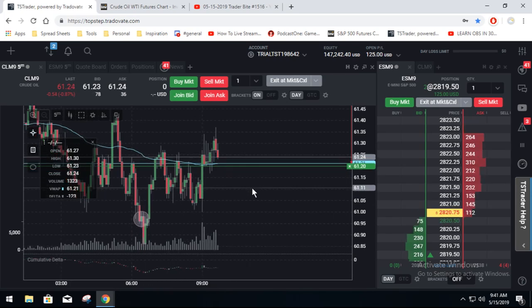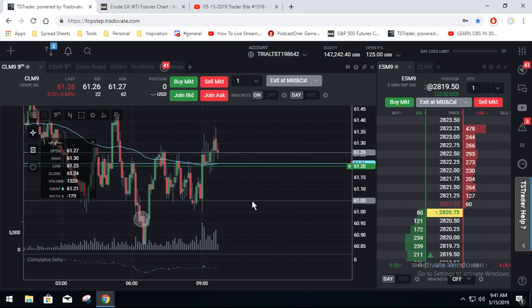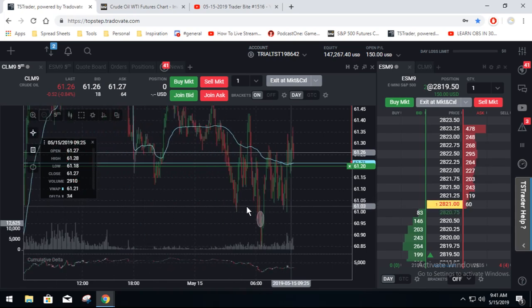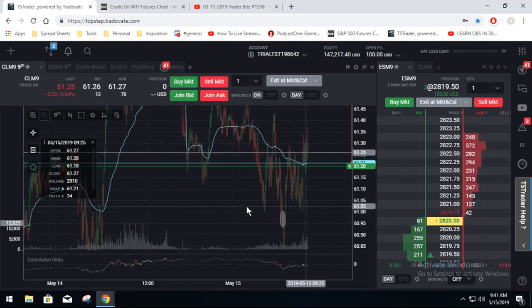See what oil is doing with the reaction at that 61.15 area. Volume isn't that much this morning, which is kind of weird.